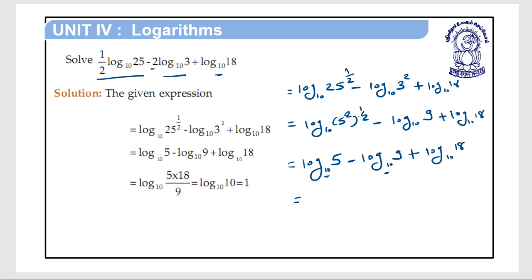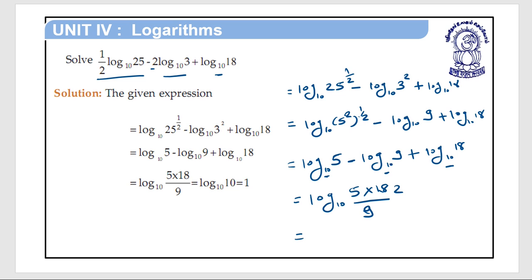Here the base remains the same. So we can take multiplication and division. 5 multiplied with 18 minus log 9, so divide by 9.